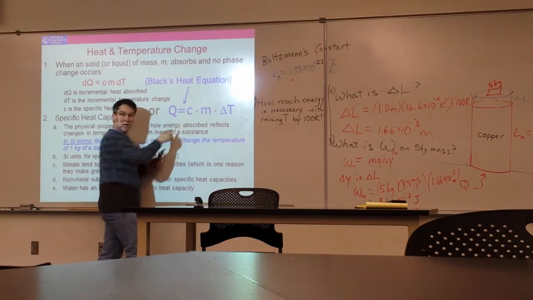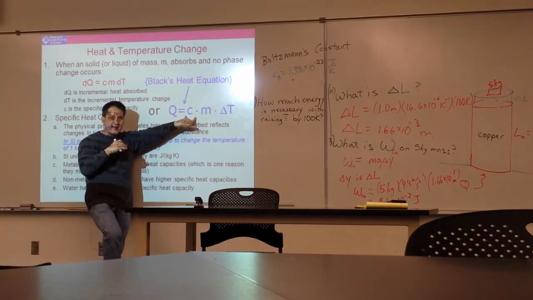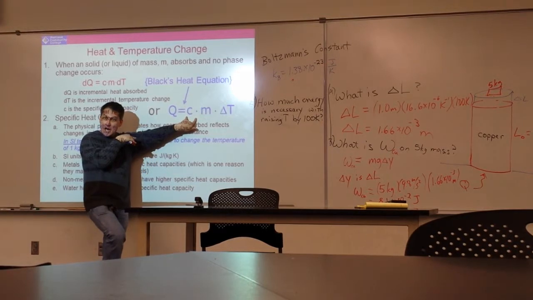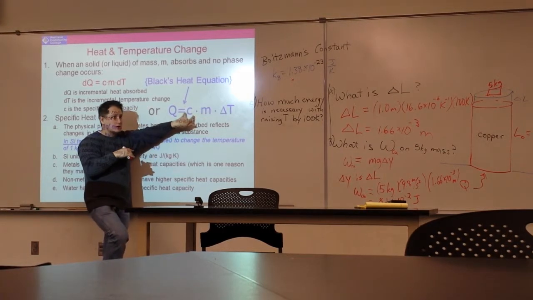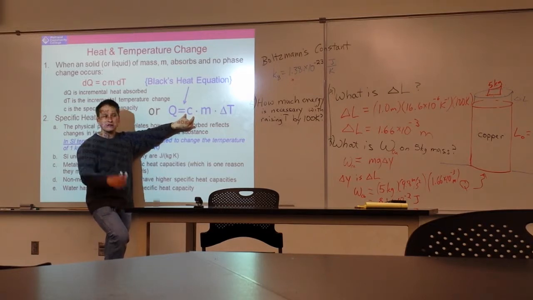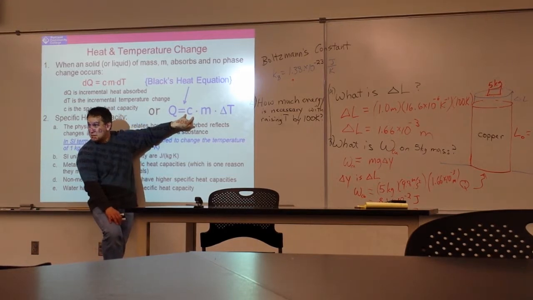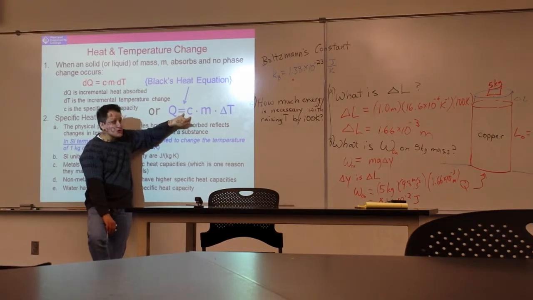The physical constant that ties mass, temperature change, and heat together is called the specific heat capacity. I'm talking about Latin class. Capacity. So now we have another intrinsic property, one that's unique for different substances.